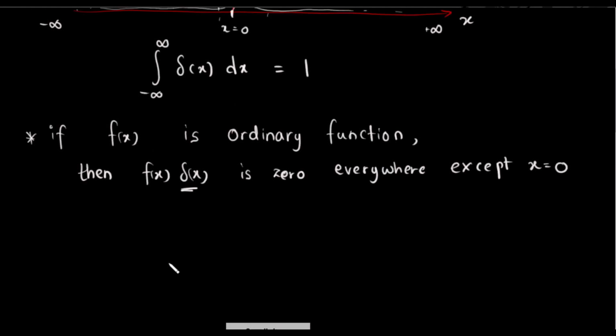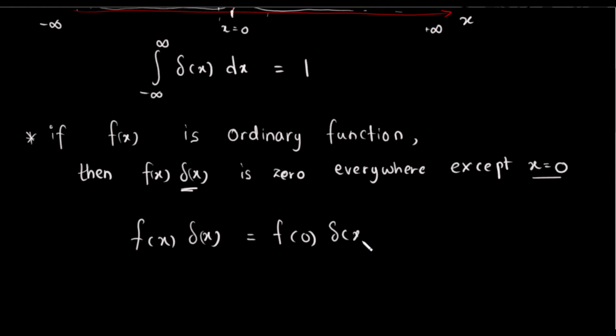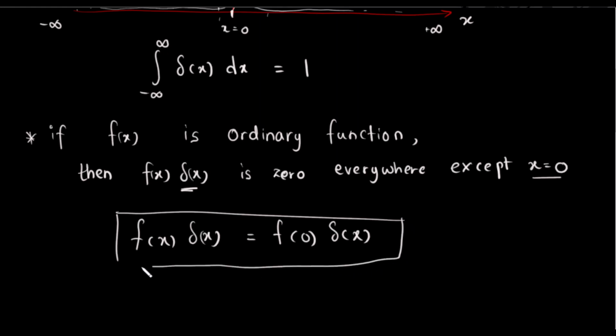So the product of f(x) and delta x is going to be equal to f(0) delta x, because only when x equals 0 we have a value for the delta x. This is always true for the delta function.